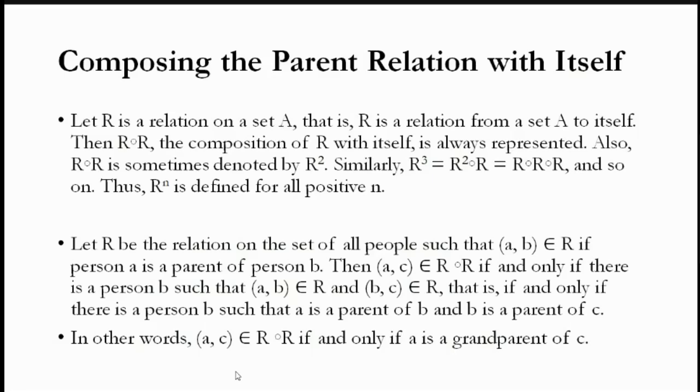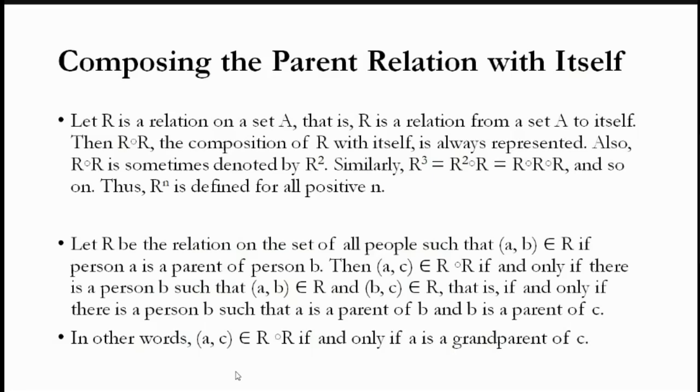R composite relation R if and only if there is a person B such that (A, B) belongs to R and (B, C) belongs to R. That is, if and only if there is a person B such that A is a parent of B and B is a parent of C. In this way, you can find the grandparents also, whether it is the paternal grandfather or the maternal grandfather.